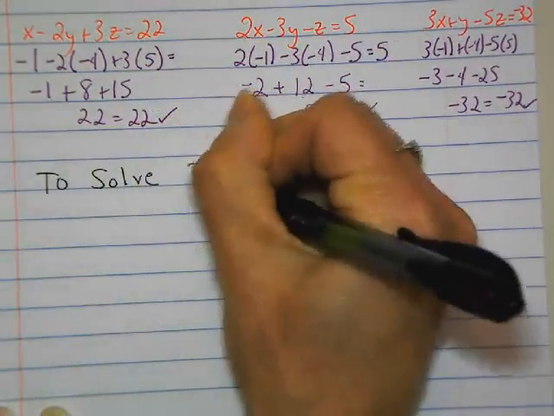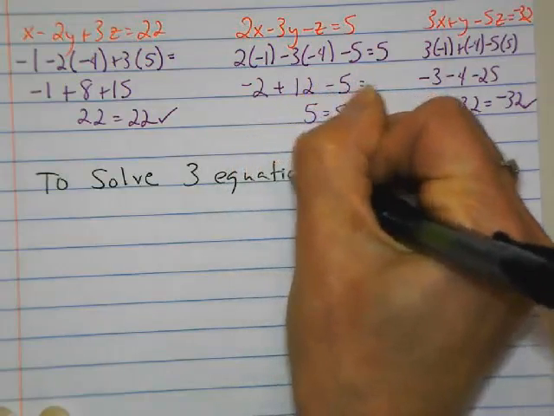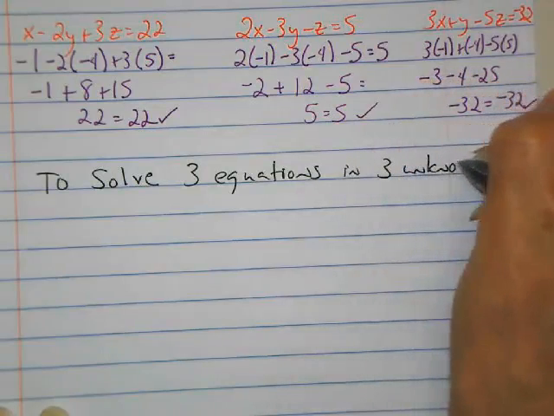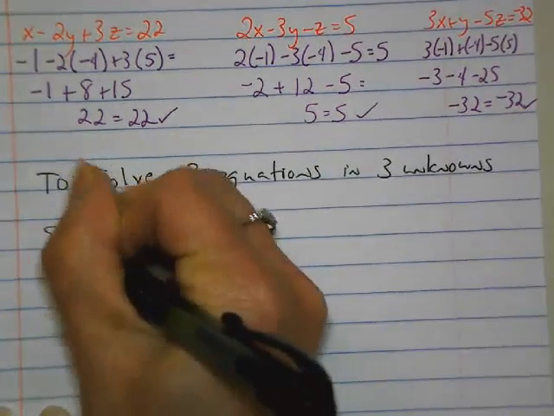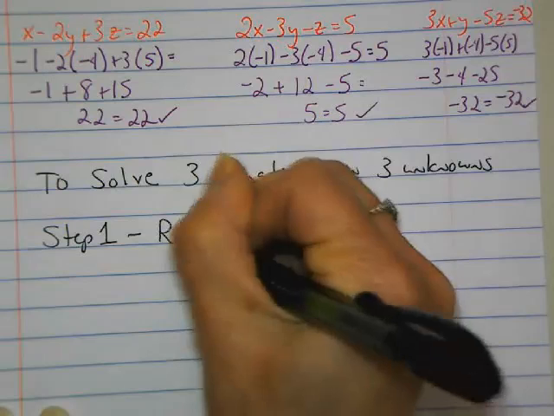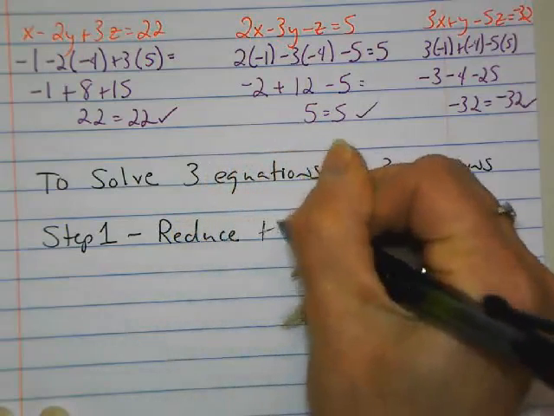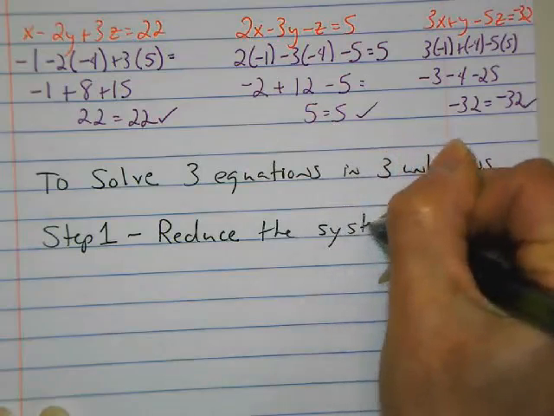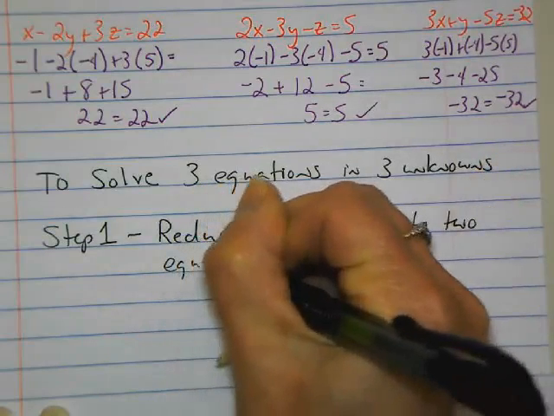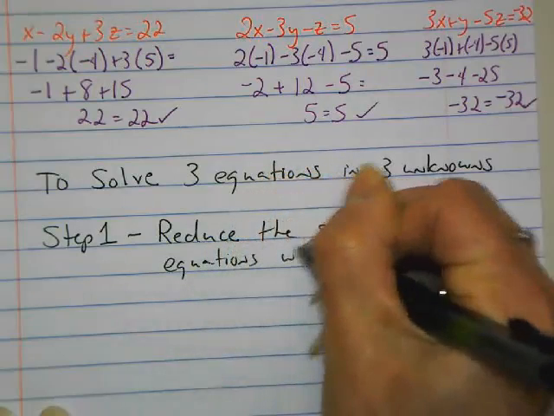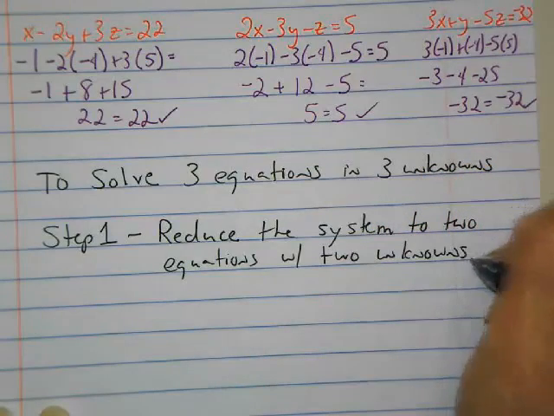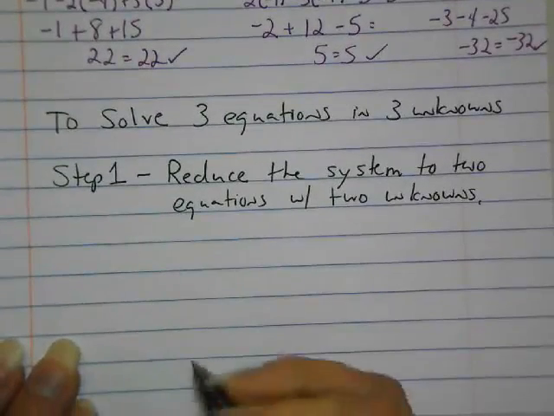So to solve 3 equations in 3 unknowns. Step 1: Reduce the system to 2 equations with 2 unknowns. Step 2: Solve the new system.